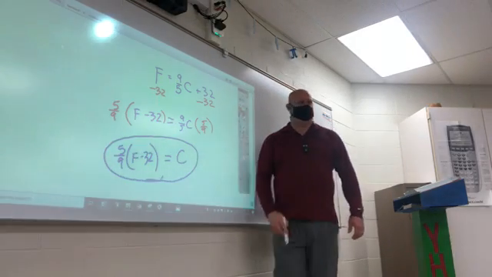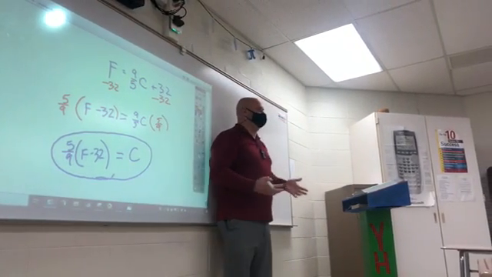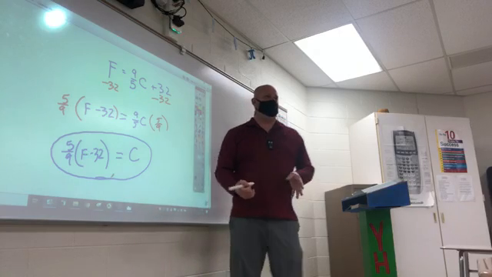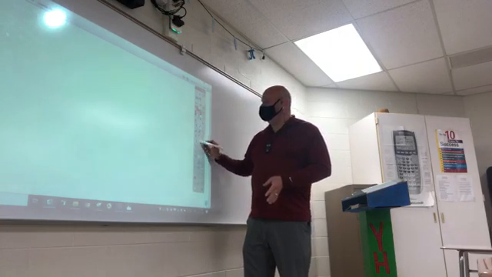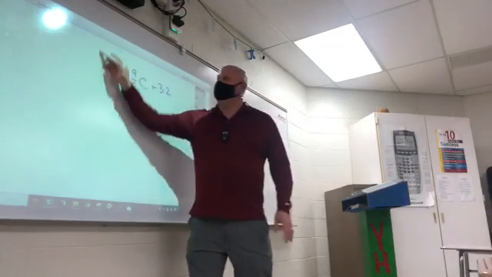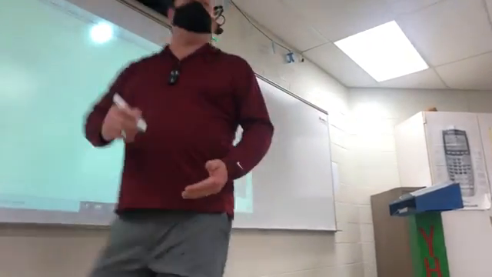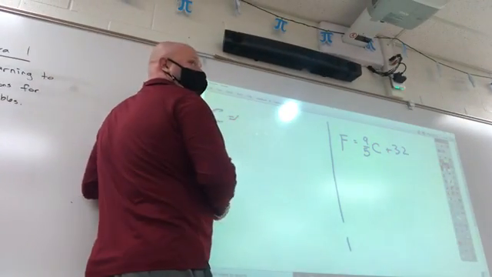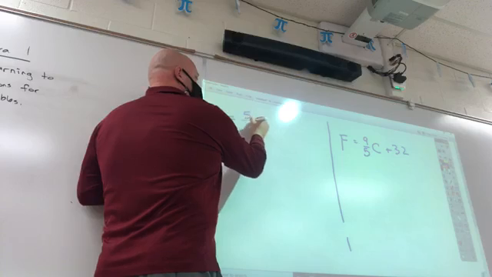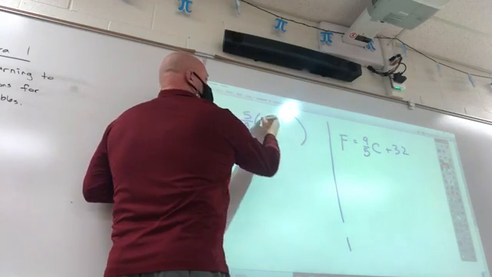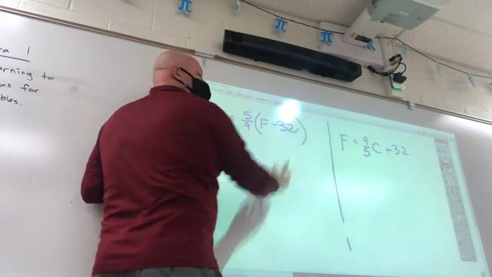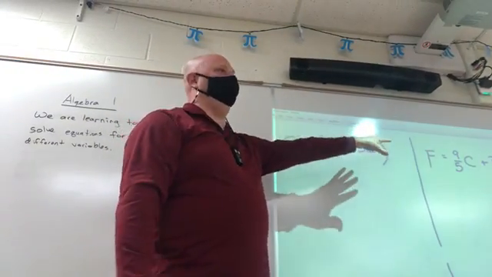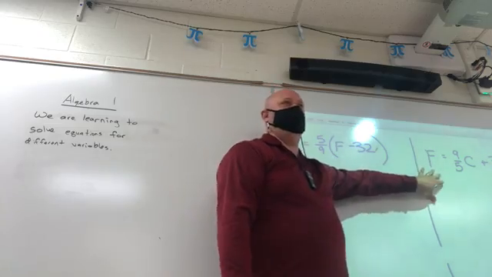This formula kind of looks like a new formula, doesn't it? But what is it useful for now? Before I had this formula. Now I have that new formula that says C equals 5/9 times the quantity of F minus 32, right? Are these two formulas different formulas?